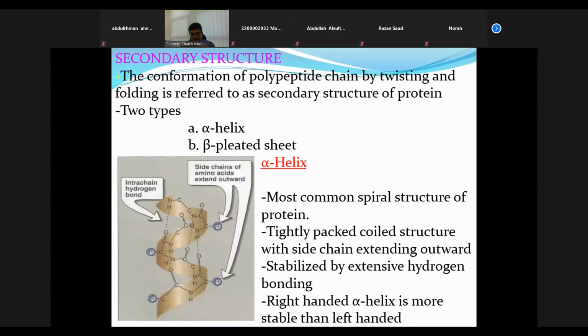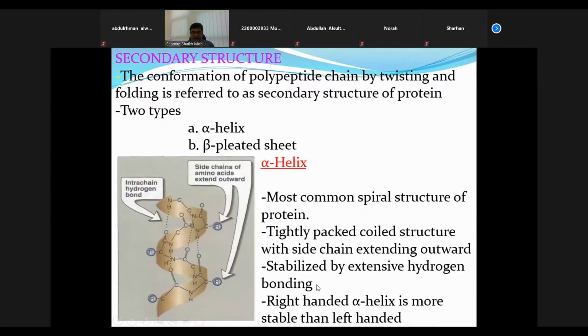So this is the side chain, and it extends outward. Inside, you can see all the hydrogen bonds, carbon, nitrogen, all inside. It is tightly packed, but all the side chains are hanging outward.